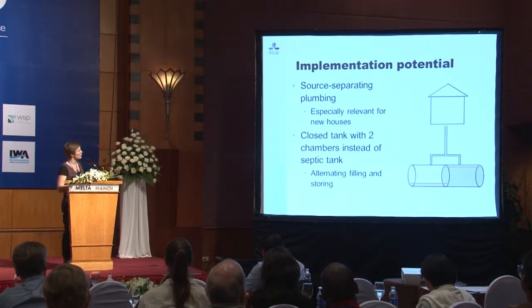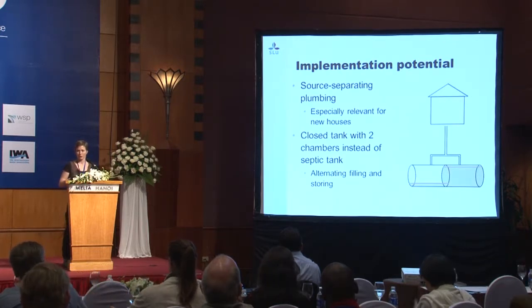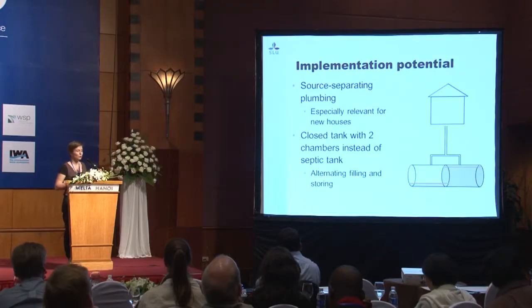So, some implementation potential. If you have source-separating plumbing, then you could separate your toilet waste from the rest of the wastewater from the household. So you could still have the convenience of having a flush toilet. In Sweden, apparently, it has been difficult to shift into dry toilets when people already have flush toilets, especially when you build new houses.